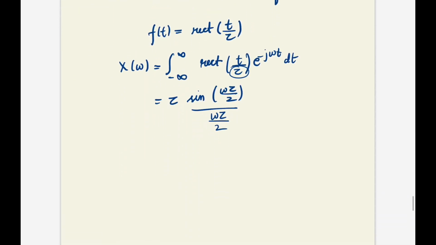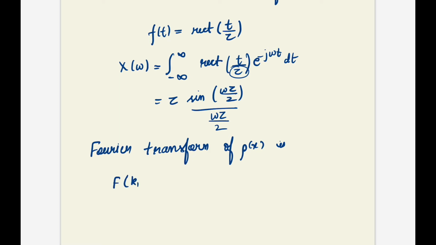So I will write the Fourier transform of rho x as F of k delta, which is a sinc function, written as tau sinc of omega tau by 2.